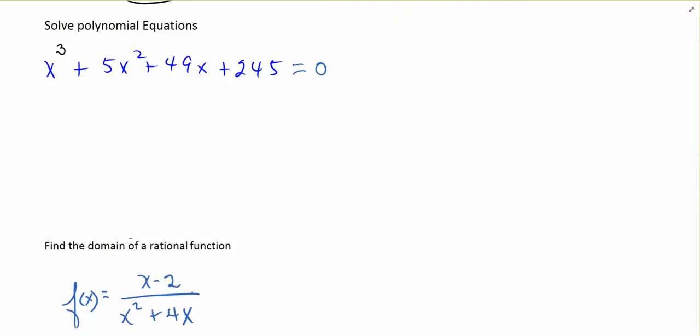We found one solution, x equals -5. All right. We'd like to get this thing down to quadratic, so let's divide -5 into it with synthetic division. Let's write our coefficients. We would have 1, 5, 49, 245.